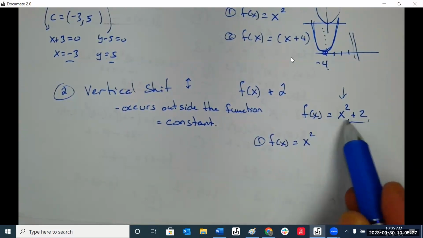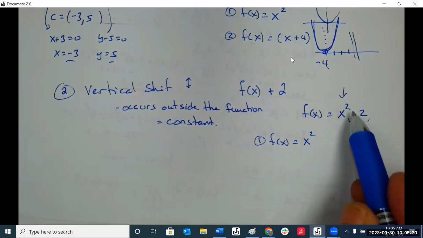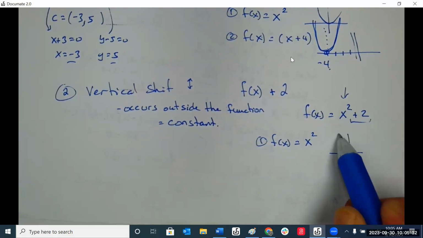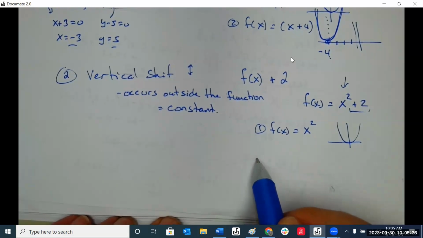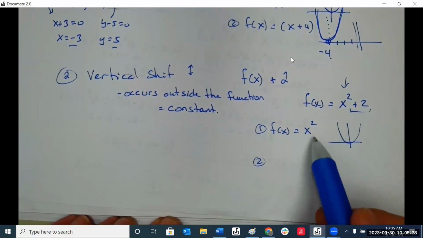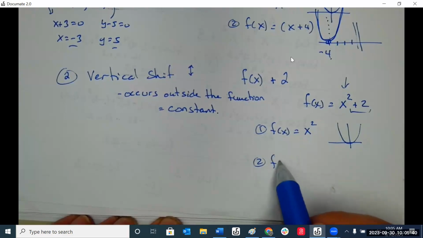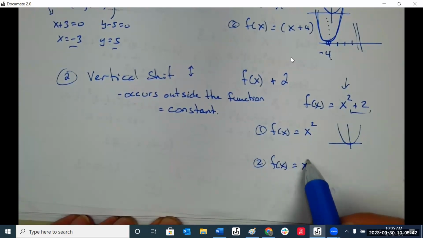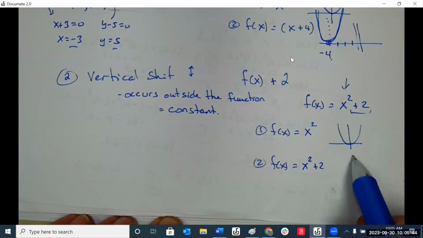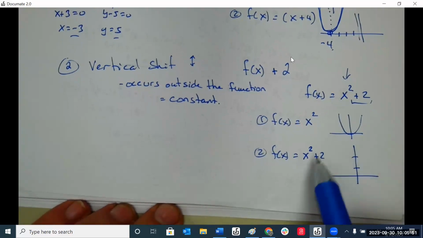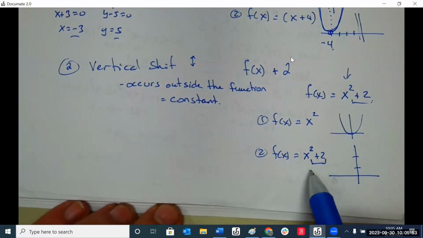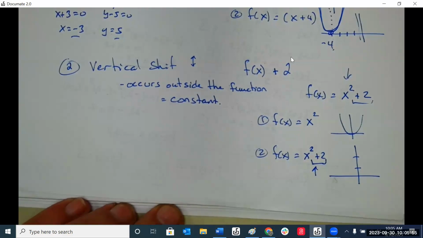I'd first graph the function that's being talked about, x squared, that's a parabola. Since there's no horizontal shift, I now look at outside the function. What this thing says, since it's positive, I go up 2 spaces.